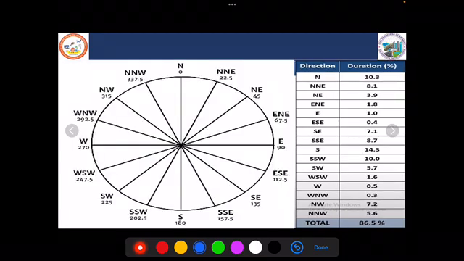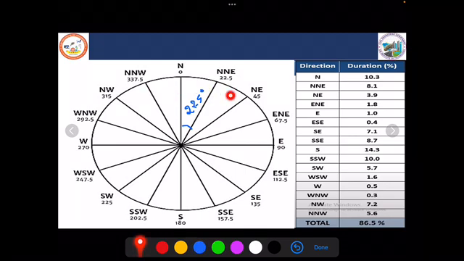So what is the first step when we draw the Windrose diagram? The first step is to divide the entire circle into the number of divisions. Here we have 16 divisions. One convenient way is to divide the entire circle with an angle subtended of 22.5 degrees on each side.